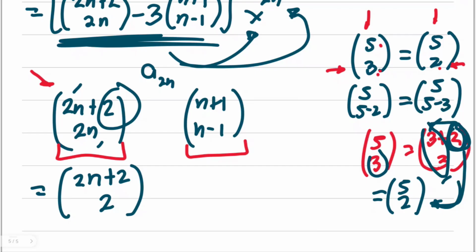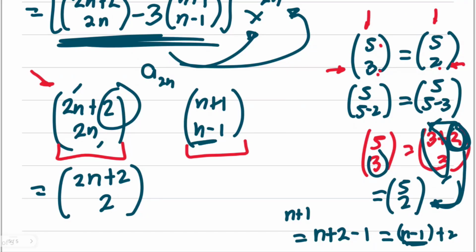Similar thing for this here. If we write n plus 1 as a combination where n minus 1 is present, it's actually n plus 2 minus 1, or you have your n minus 1 and you have here plus 2. We're going to use this one to substitute that here. In short, this will also be equivalent to n plus 1 combination 2.